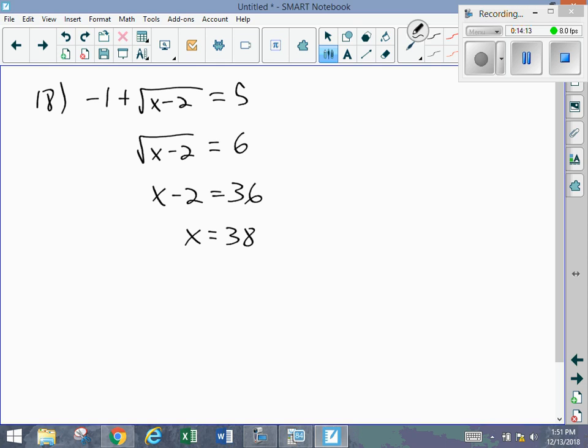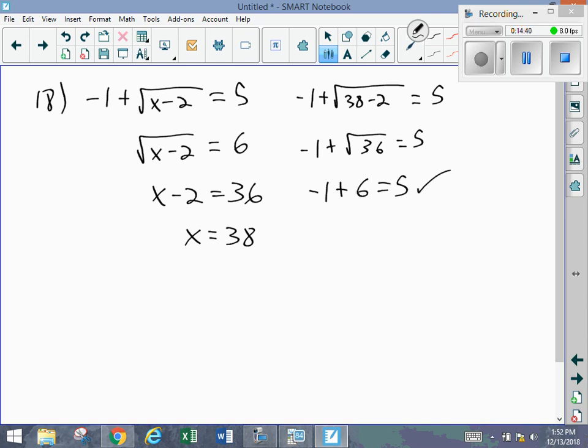And lo and behold, I have my answer. Hey, it's a radical though, so that means that I have to check it. There might be some extraneous solution. It checks out.